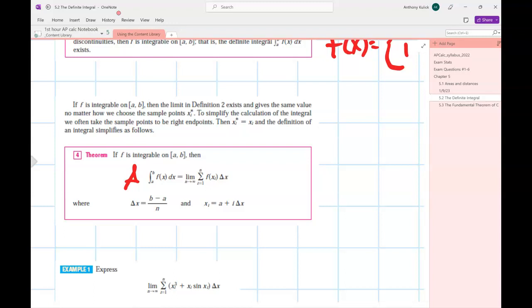It doesn't matter how you choose your sample point, as long as it's integrable. If that's the case, then let's just always choose to use right endpoints and standardize that process, so it looks familiar to everybody and we're doing the same thing every time. Feel okay?